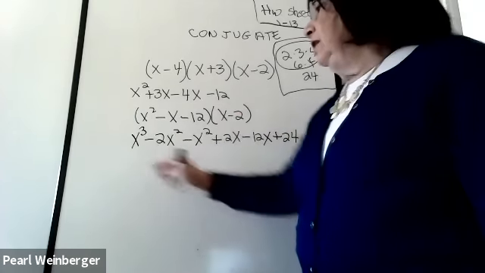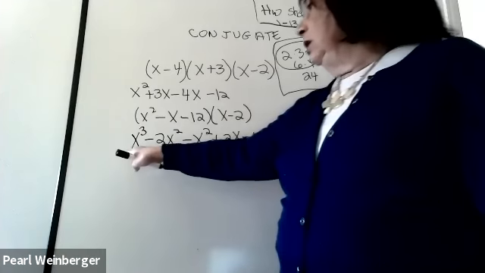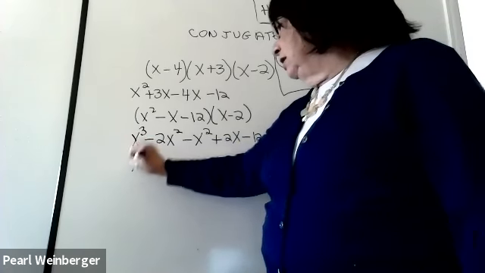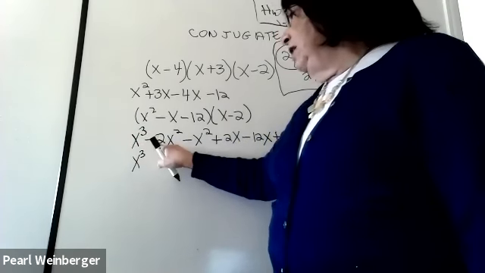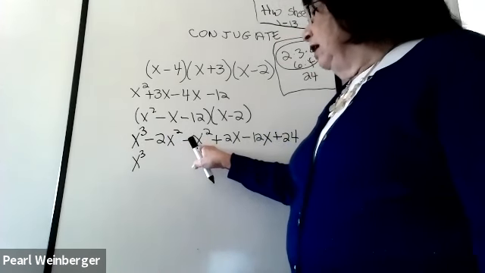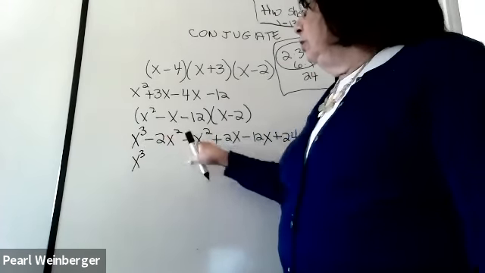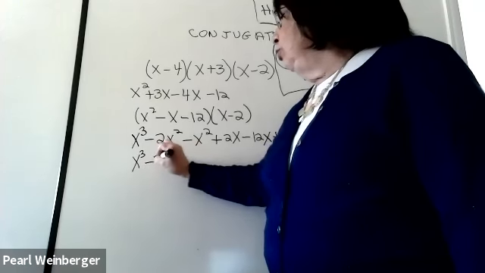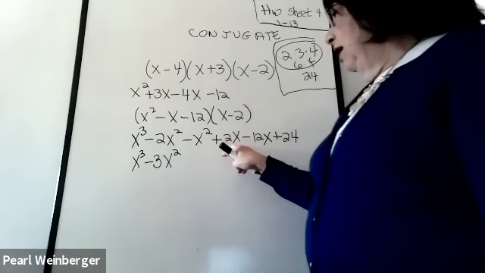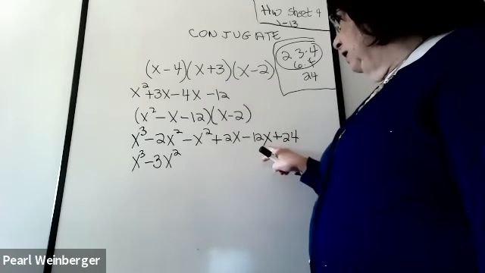So here I have to now combine my like terms. I have an x to the third, only one of those, so that's that. Now I have a negative 2x squared and a negative x squared, which is a negative 1. So negative 2 and negative 1 is negative 3x squared. Now I have a 2x and a negative 12x.